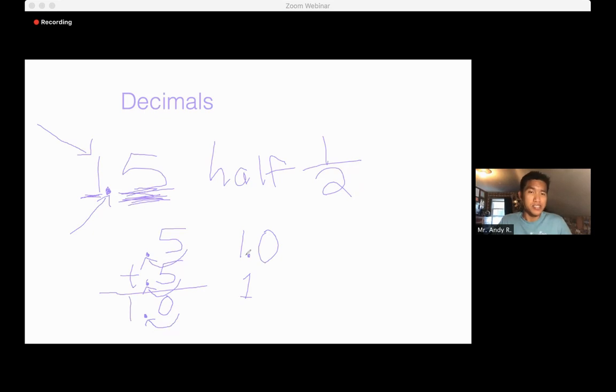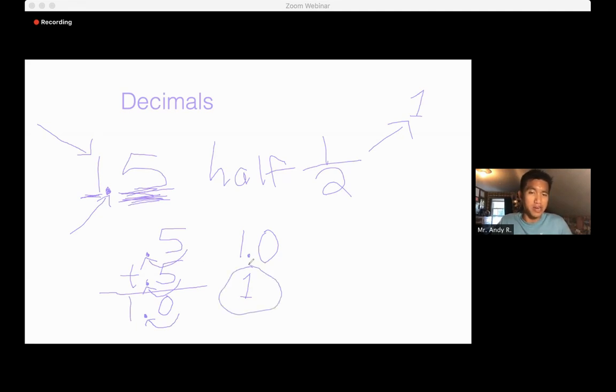Just think of it as out of the whole number 1. Just like fractions are a partial amount out of a whole, we use 1 to compare to, and we do the same with decimals.